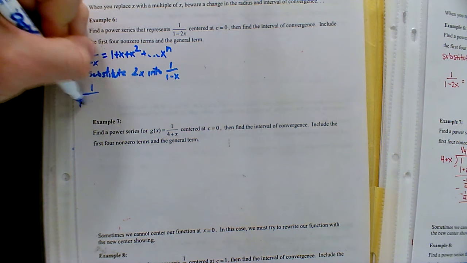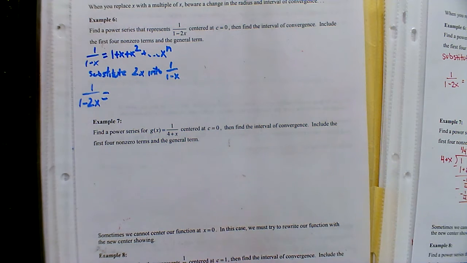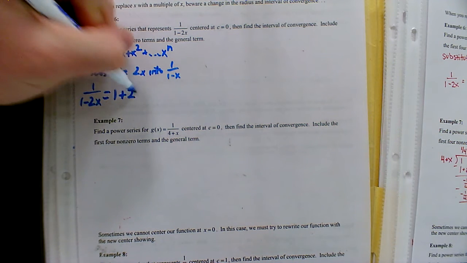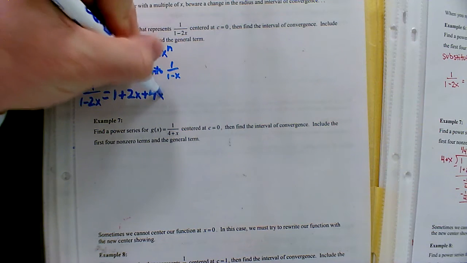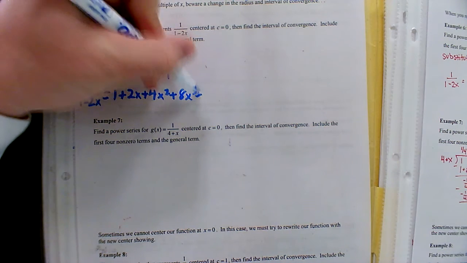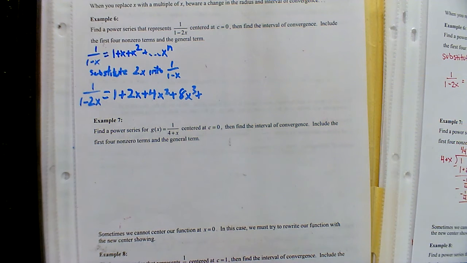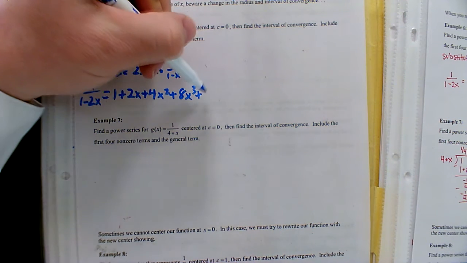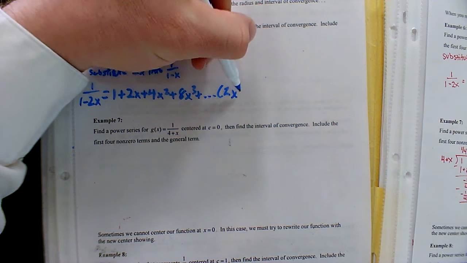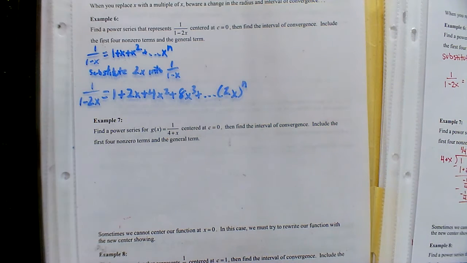So 1 over 1 minus 2x is equal to 1 plus 2x plus 4x squared plus 8x cubed. Exactly. So everywhere there's an x, you plug in 2x. So 2x to the nth power. Not too bad.